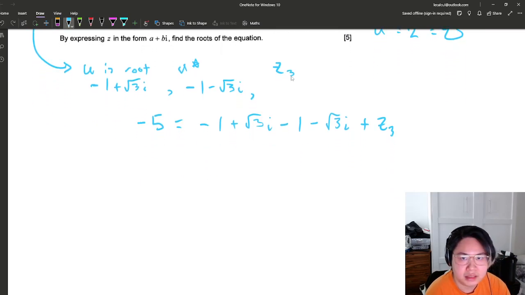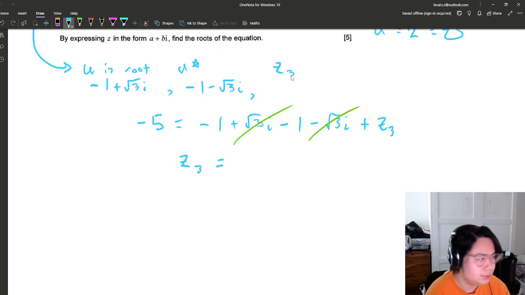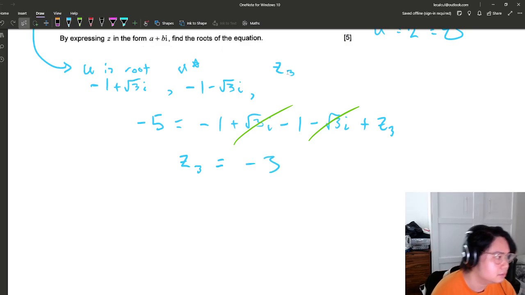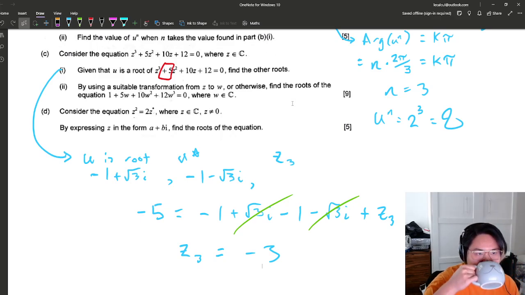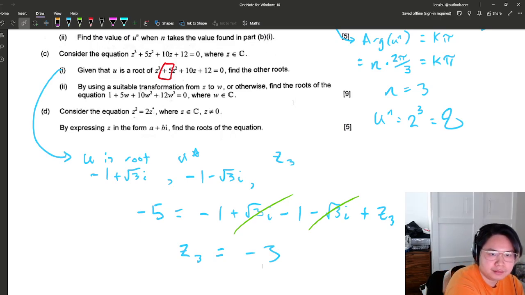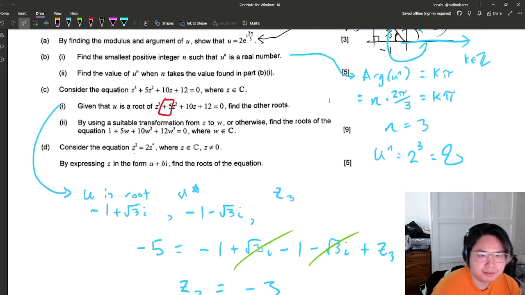And this is nice because obviously the complex parts cancel because of their conjugates. Oh man, okay. So what is this? Negative 2. So your third root should be this. Okay. Damn, this is a 9-mark question.